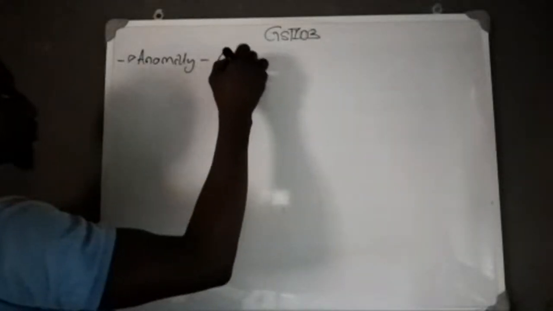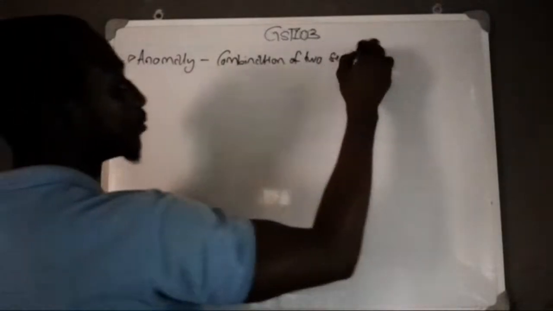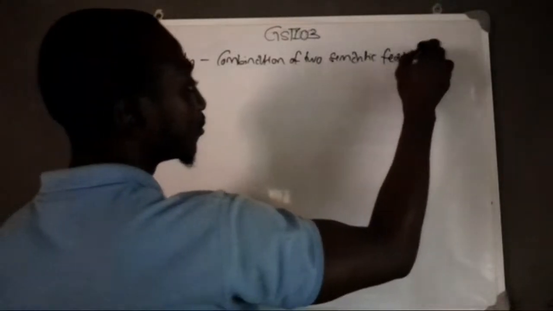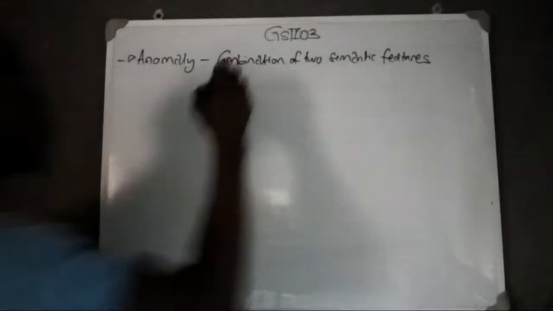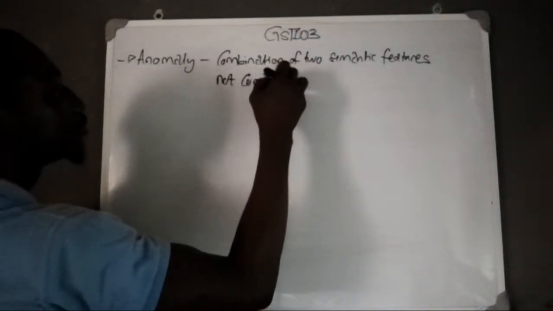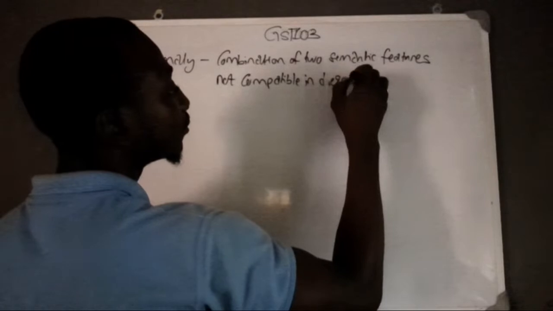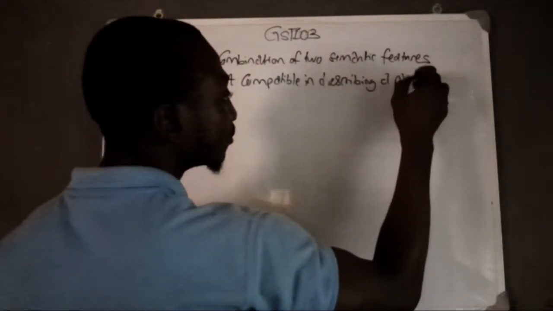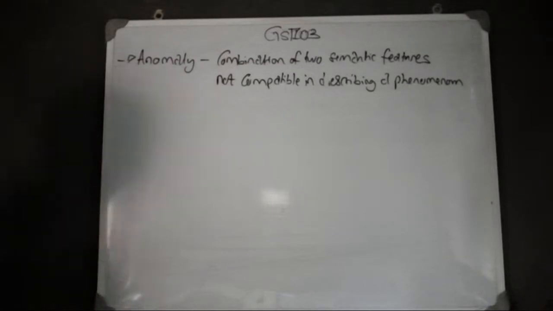The combination of two semantic features that are not compatible in describing a phenomenon. That is what anomaly is.